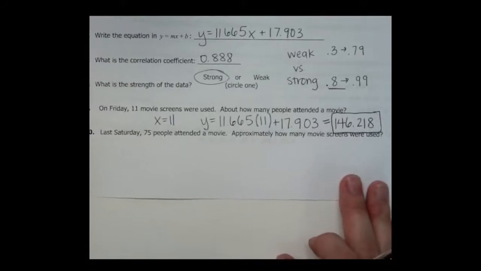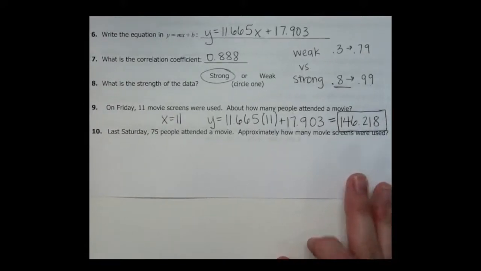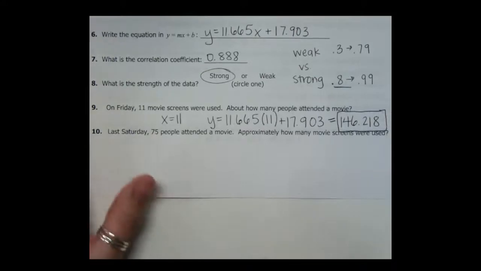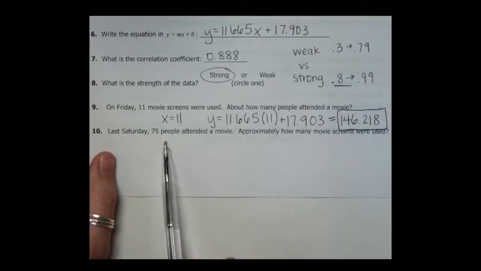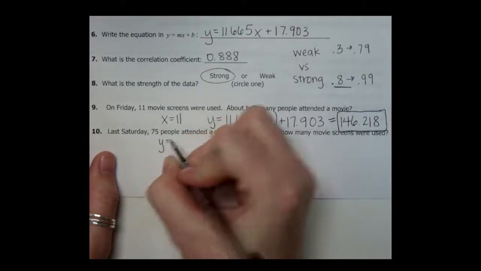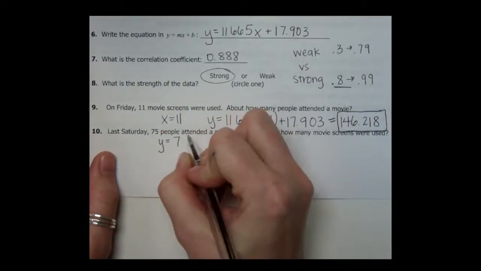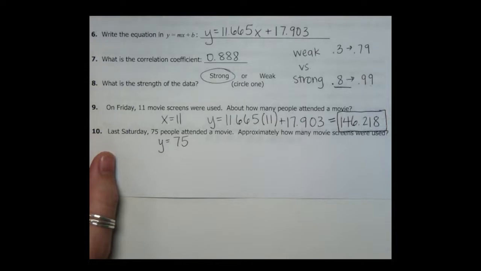Now, the last question, number 10, says, last Saturday, 75 people attended a movie. Approximately how many movie screens were used? So we know that the movie screens was the X value. That means our people are the Y value. So Y equals 75.